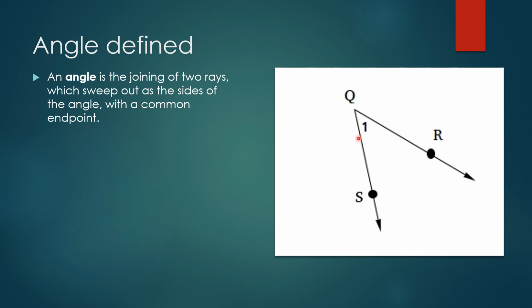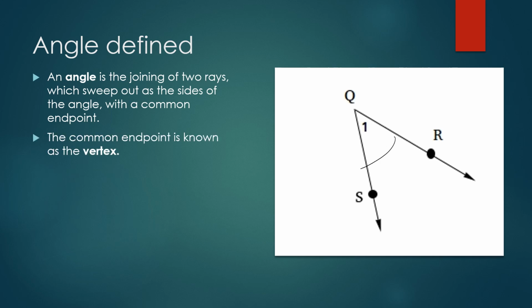They are two rays that share a common endpoint, and then the angle is in between them. So we could say that this angle right here is the angle that's formed from ray QR and QS.